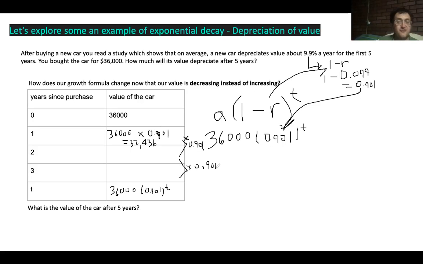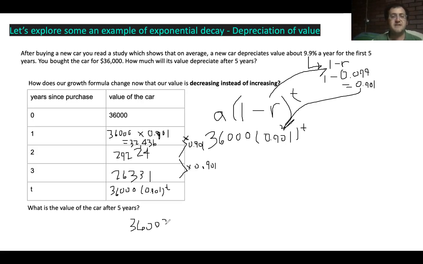So if I do 32,436 times 0.901, I'm down to 29,224. And then if I do 0.901 again, I'm down to 26,331.